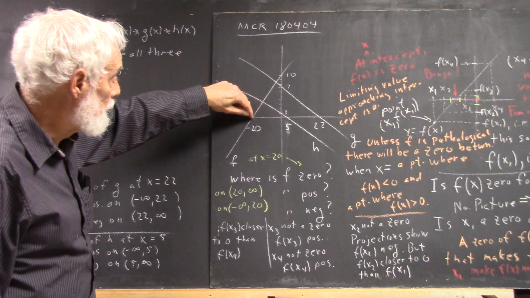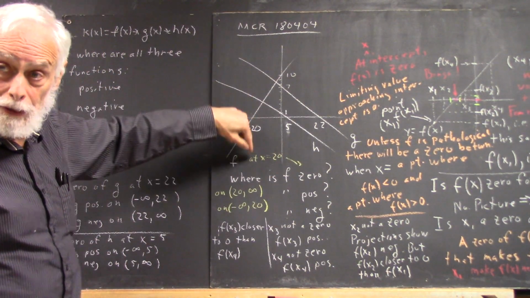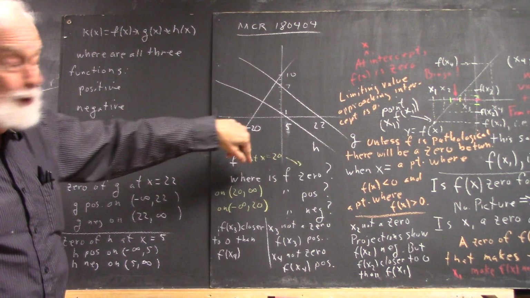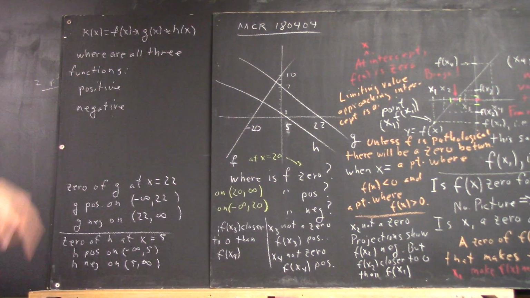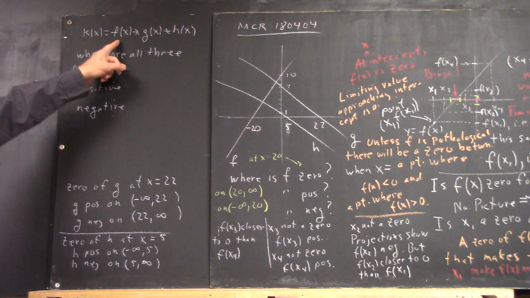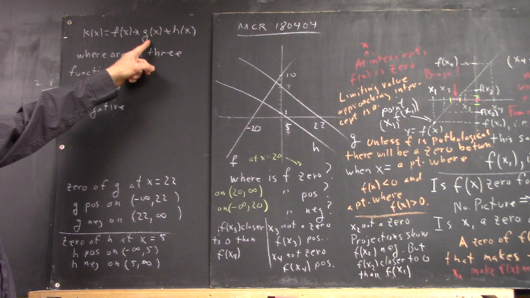So x is negative 20 makes f of x 0, as we determined here, right? So what's the value of k of x? Positive, negative? Not positive, not negative? Well, if it's not positive, not negative, what the heck is it? 0. Because f of x is 0, and you're multiplying that by this and this.